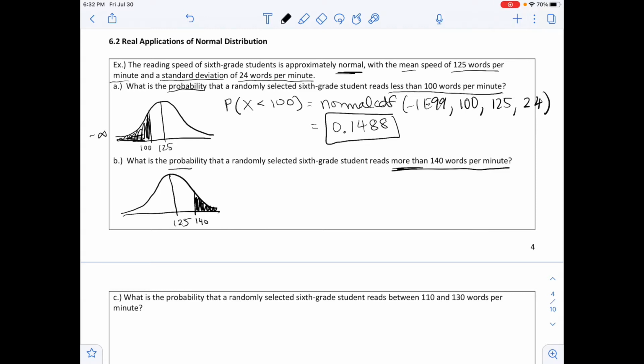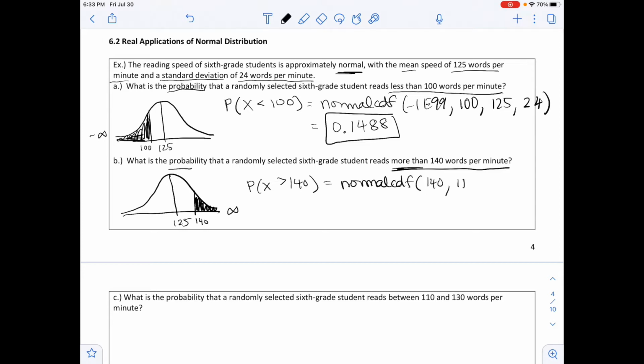For this, we're going to find the probability that X is greater than 140. Again, I'm using an X and not a Z because this is not standard normal. This is something that does not have a mean of 0 and a standard deviation of 1. So in order to find this probability or area, we use normal CDF. Lower bound is where the shading starts, which is 140.